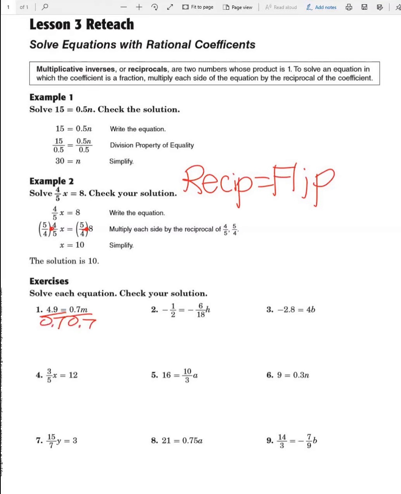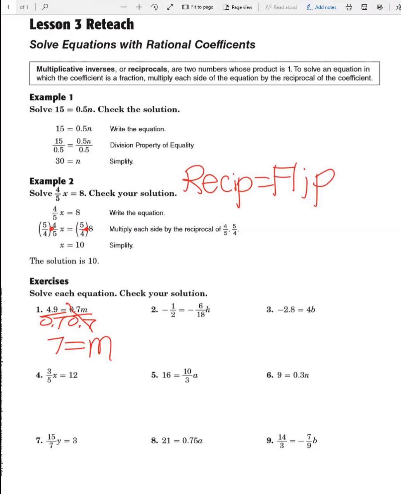The 0.7s will cross out on this side. And then we're going to divide 4.9 divided by 0.7, which equals 7. Bring down your variable m, and there's your answer. 7 equals m. Let's try the next problem.